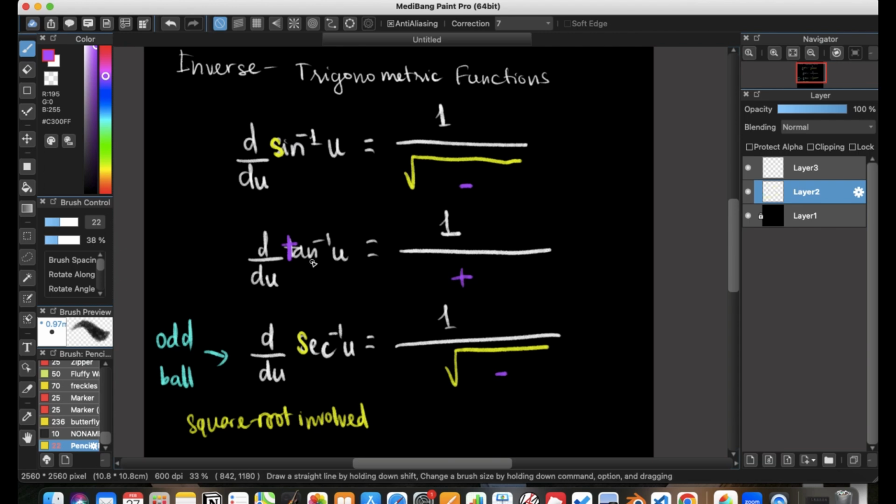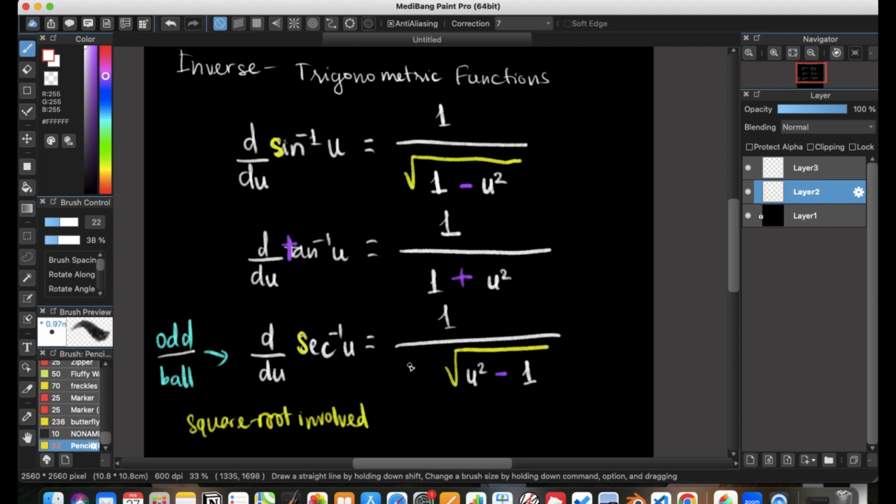Okay, and now we're going to fill our numbers in, and we're going to fill 1 and then u for these two functions, and this one is odd, so it's going to be u and then 1. So just look at this. See, here's 1 minus u to the power of 2. For this one, it'll be 1 plus u to the power of 2. This one is an oddball, so I'm going to write u to the power of 2 and then 1.